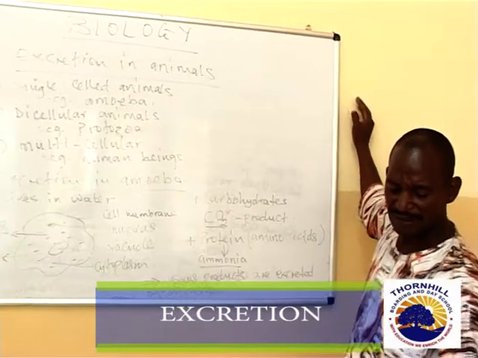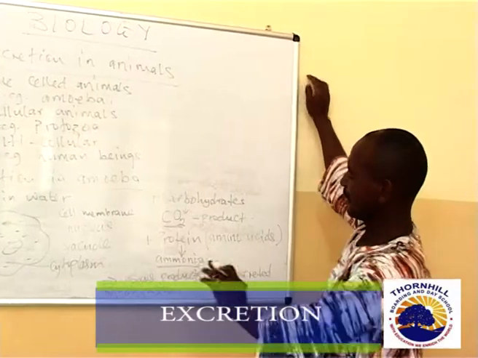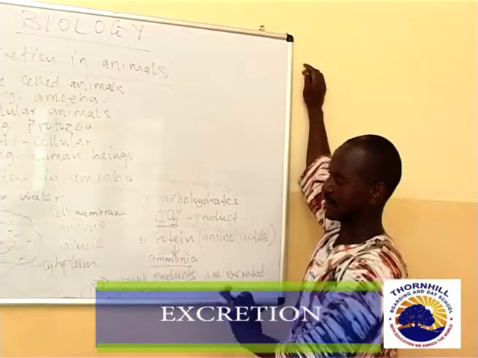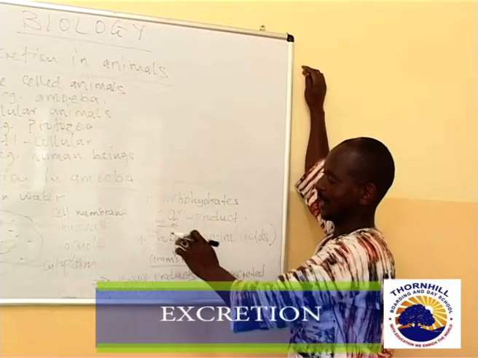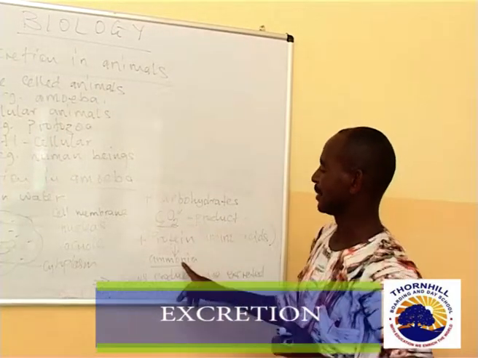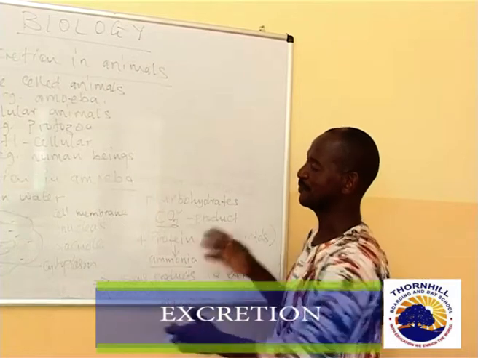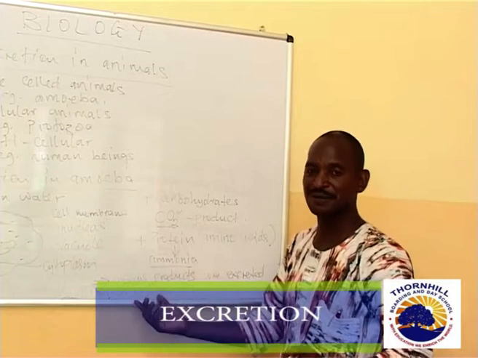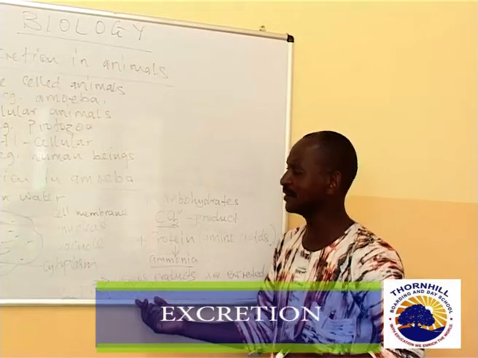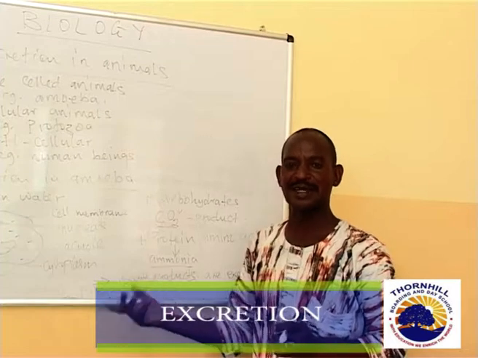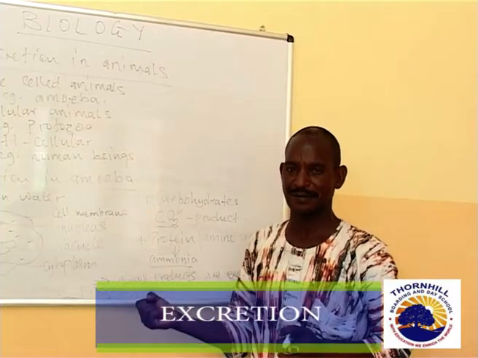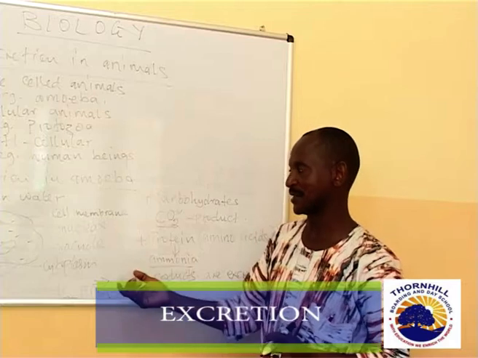Now, as you can see, I was just talking about the gaseous wastes in the amoeba, which are carbon dioxide and ammonia, which will be removed by the process of diffusion. What about the liquid products like excess water? What happens to that?